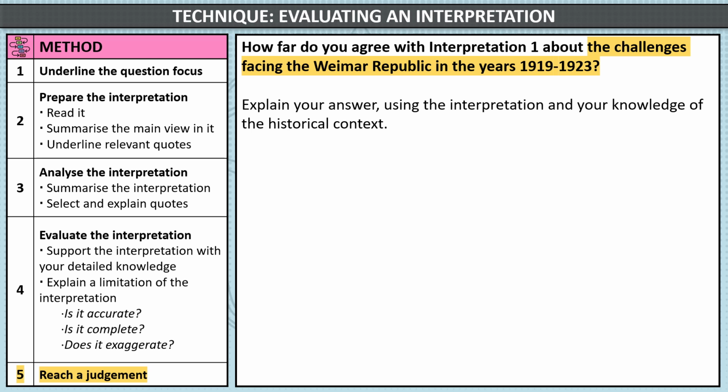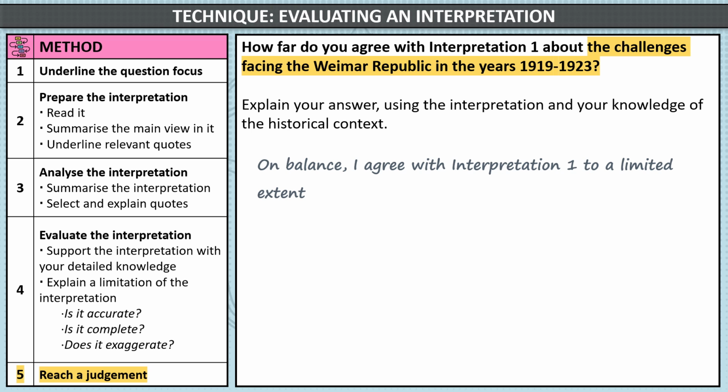When it gets to the end of this part of the answer, we need to reach a judgment. This needs to make a decision about how far we agree with the interpretation. Now, one good way to do this is by saying to what extent we agree with the interpretation. I've decided that I agree with the interpretation, but only to a limited extent.